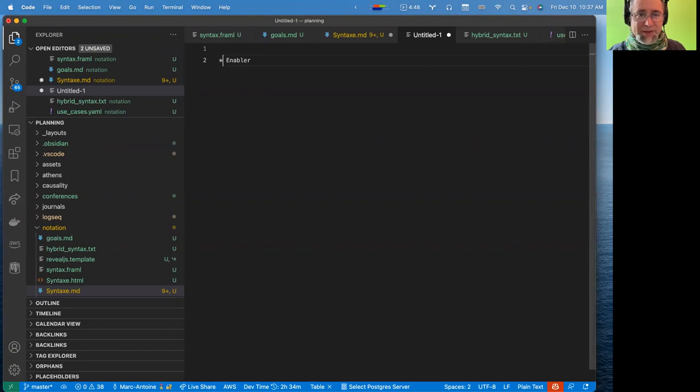Enabler, and that's interesting because it's already a frame. That's why I wanted to distinguish, but it's a subject. Okay.